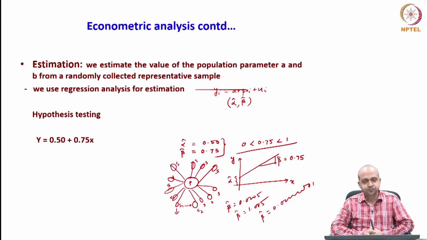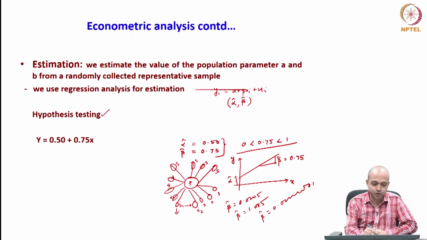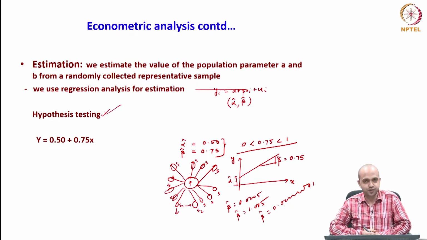That means even if you collect other samples, in all other samples it will come out to be significantly different from 0. And how will you ensure that? After estimation, you need to go for this step, which is called hypothesis testing. The next step is going to be hypothesis testing.